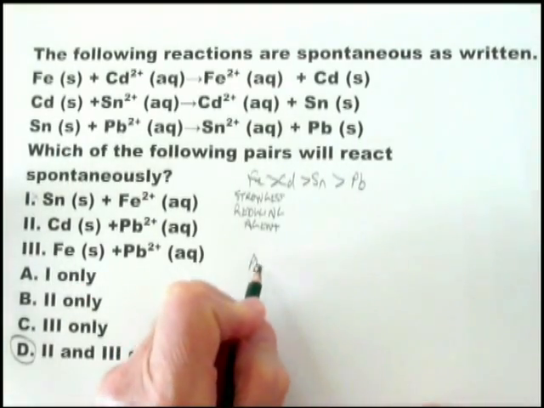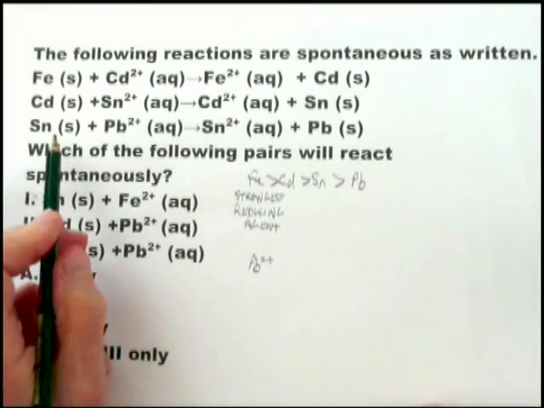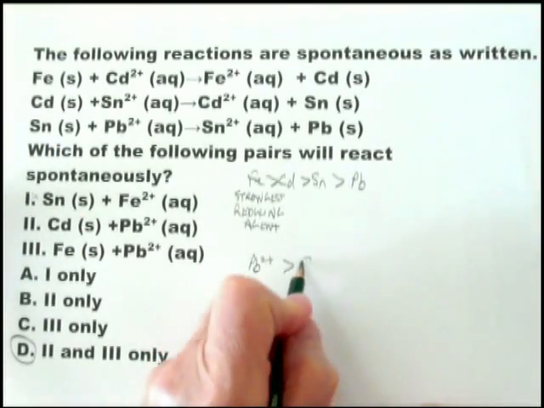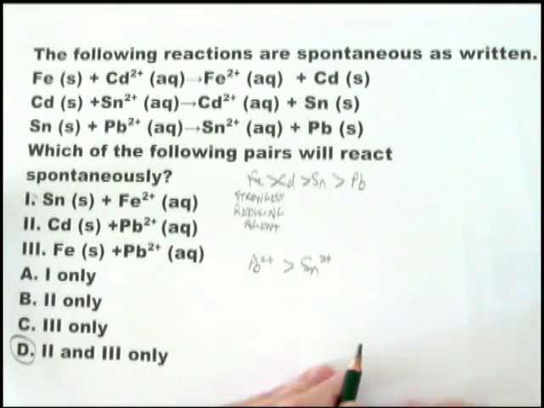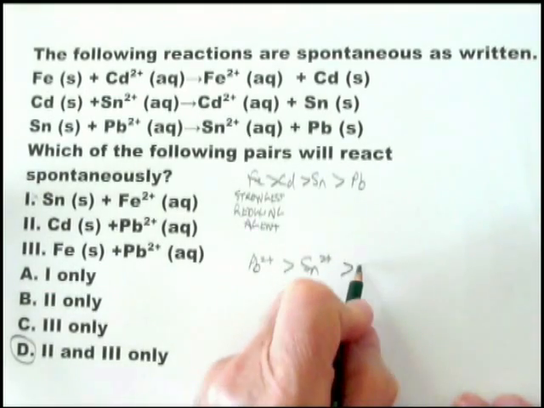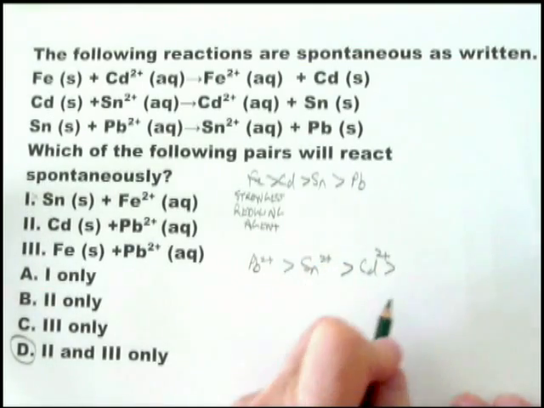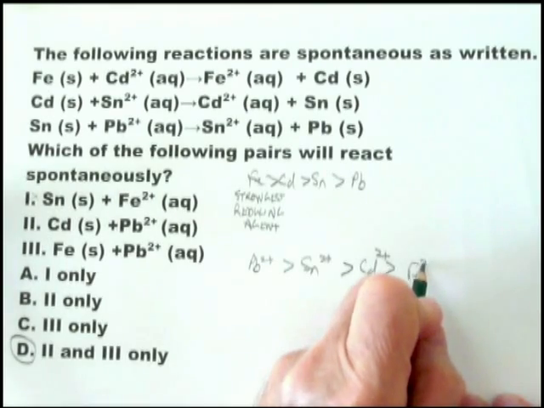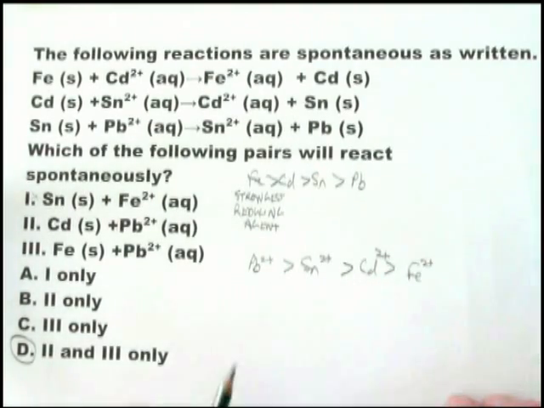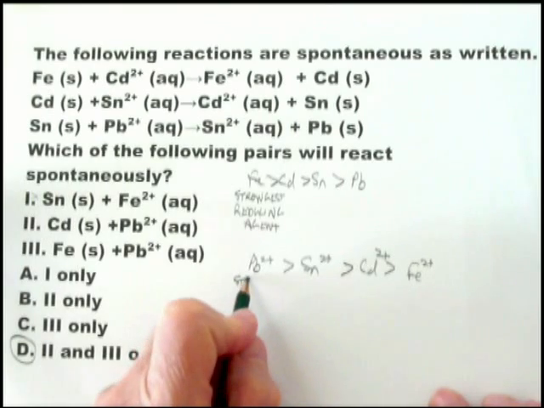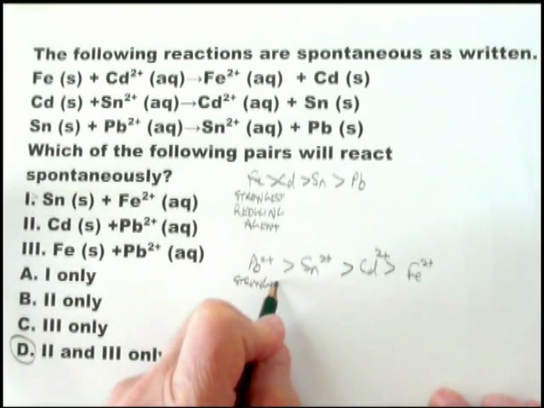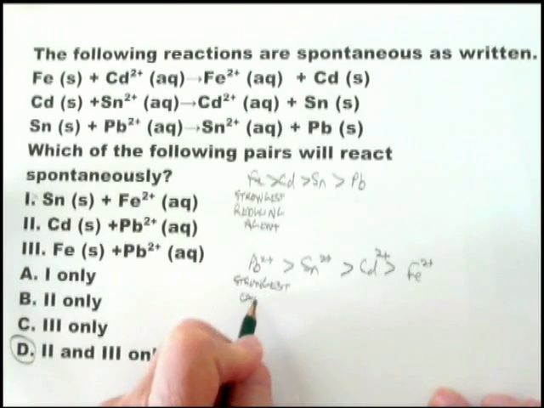So Pb2+ is stronger than Sn2+, which is stronger than Cd2+, which is stronger than Fe2+. Okay, so that's the strongest oxidizing agent.